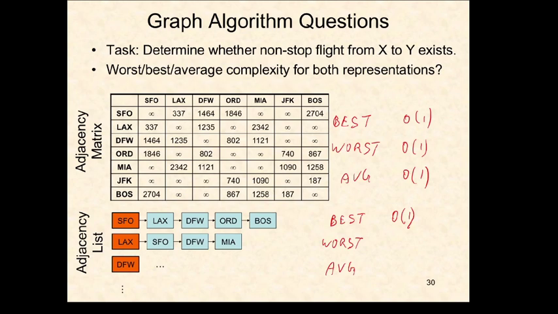Okay, what about the worst case? It still takes O of 1 to get to the list, but then I've got to search everybody in the list, because maybe the one I'm looking for isn't in there, or maybe it's the last one in the list. How big could the list be?